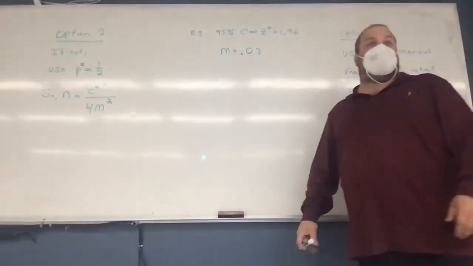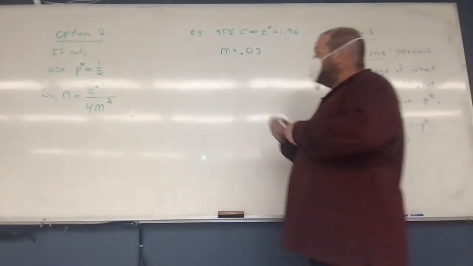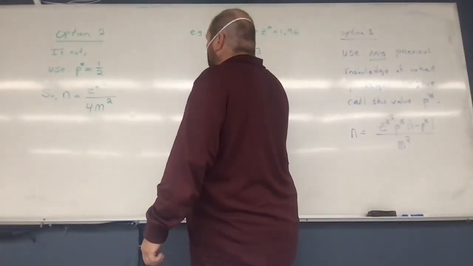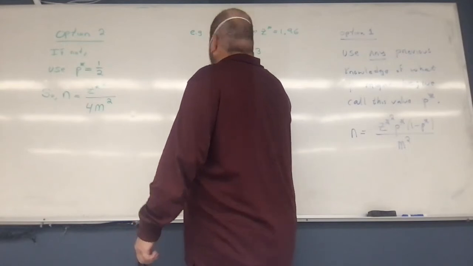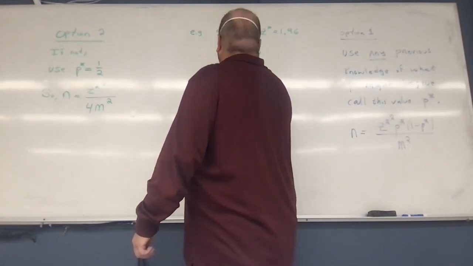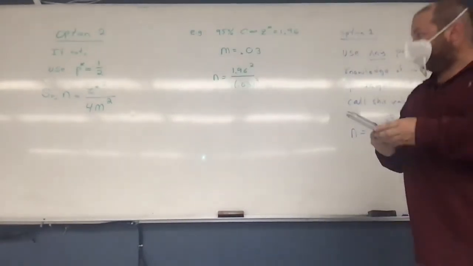How large a sample do I need? Was I given any previous knowledge of what p might be? No. So I use option 2. n is 1.96 squared divided by 4 times 0.03 squared. Let's see what our calculator gives us here.